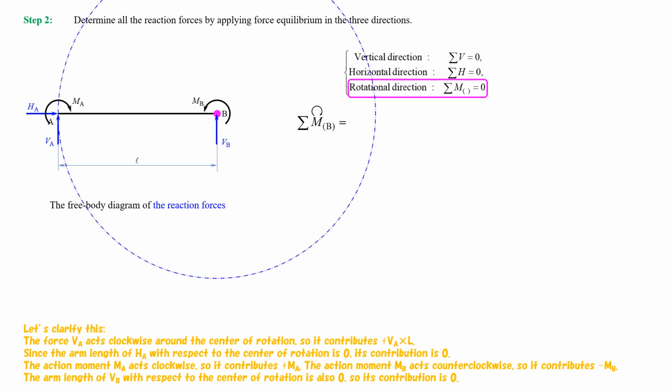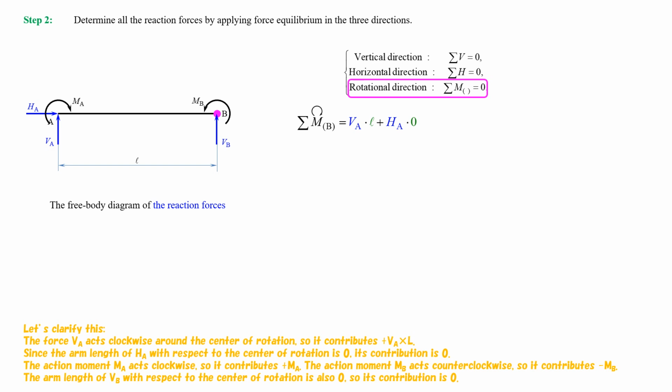The force VA acts clockwise around the center of rotation, so it contributes plus VA multiplied by L. Since the arm length of HA, with respect to the center of rotation, is 0, its contribution is 0.